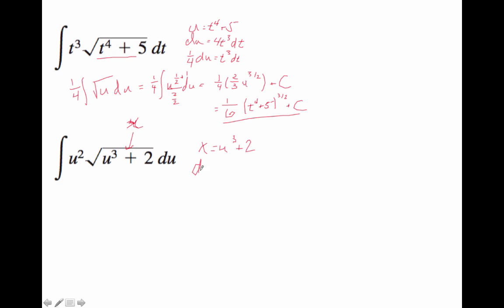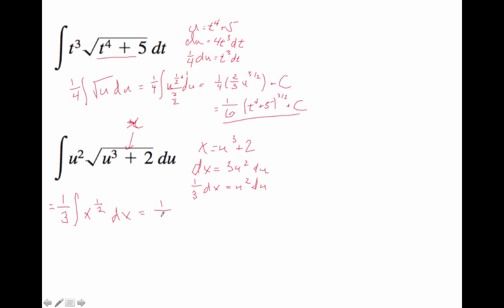So then that means dx is going to equal 3u squared du. All right, well, I have the u squared part, so if I multiply the whole equation by 1/3, now I don't have the 3 with the u's. So this becomes 1/3 the integral of x to the 1/2 dx.